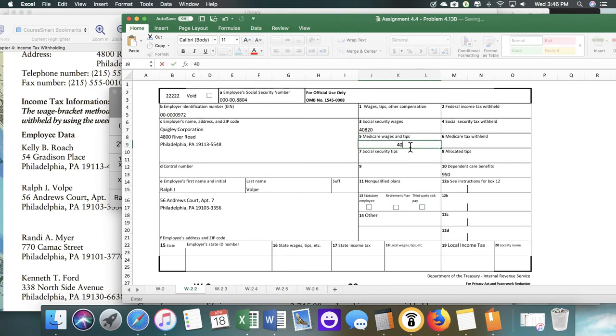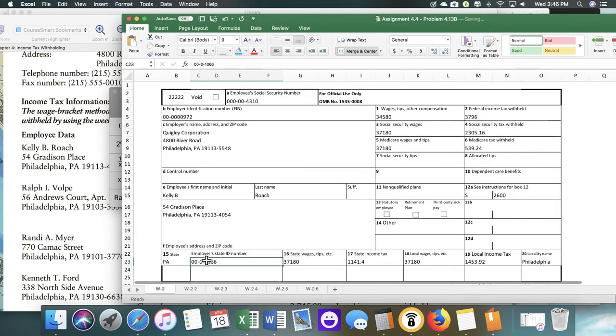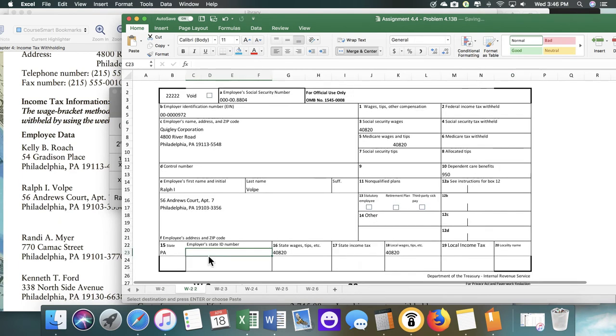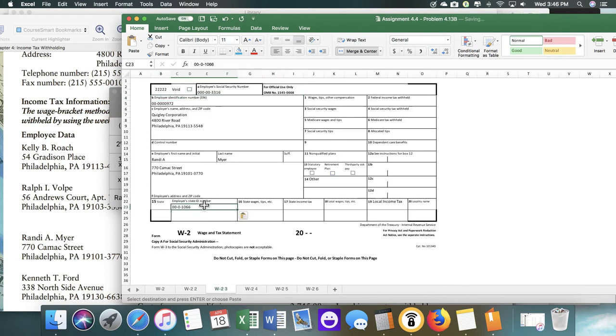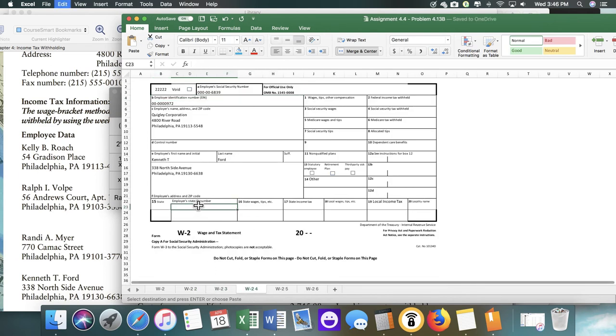So don't forget he has 401k contributions. So that is going to play with our information. So Pennsylvania, employer state ID, I'm just going to go copy that, put that in, go ahead and enter that in everybody else's before I forget.